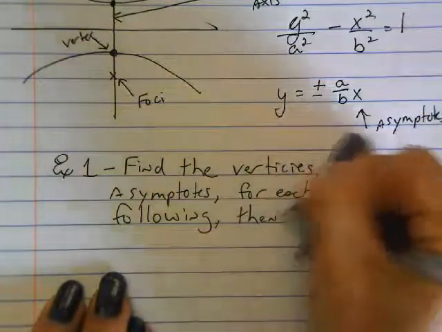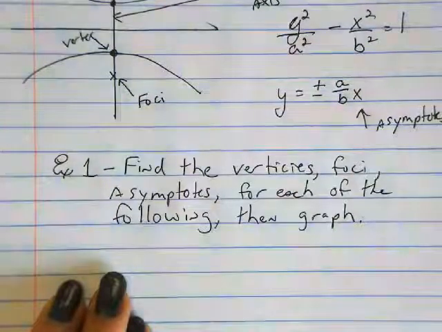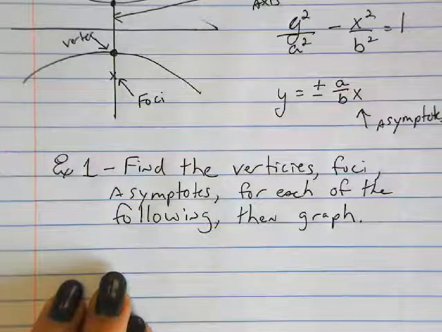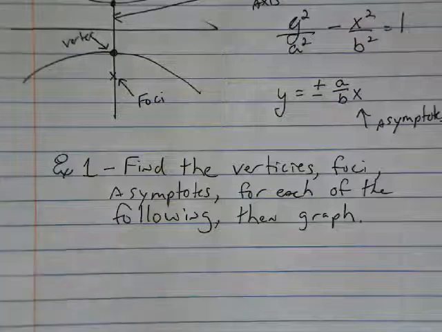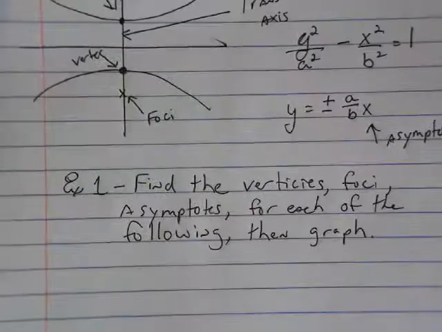Then graph. So you're going to be asked to find the vertices, the foci, the asymptotes, and then graph. And I'm going to go ahead and start a fresh page when I do this next one.